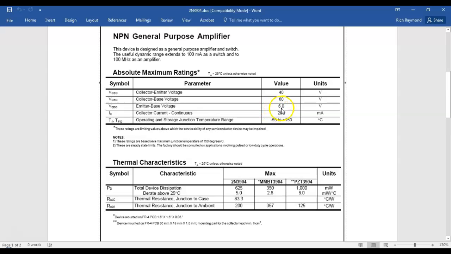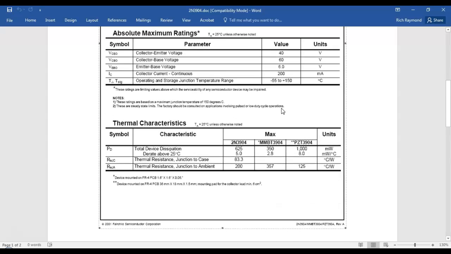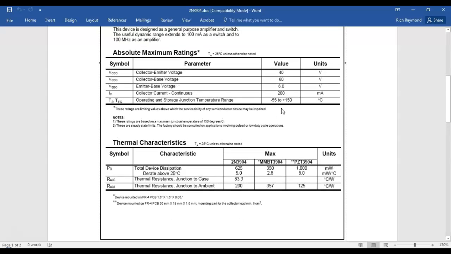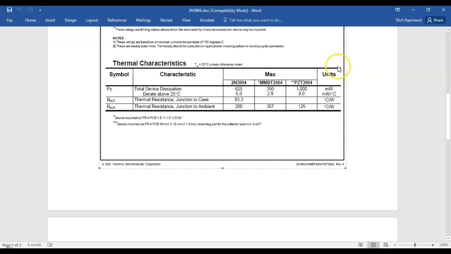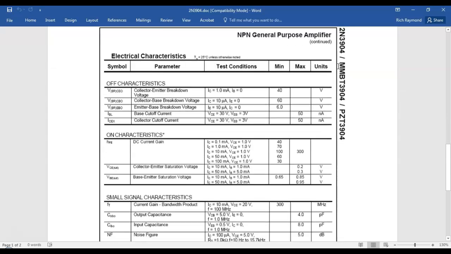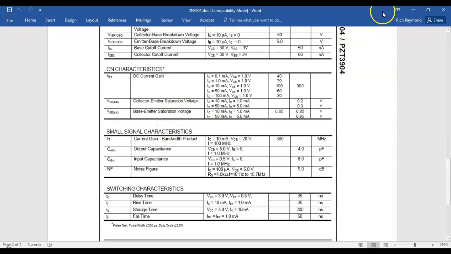If we put more than negative 6 volts on a 3904, it could break over. We're also looking for the maximum current. This guy can handle 200 milliamps, and we only need 15, so we're okay there. And then we're looking at the beta.